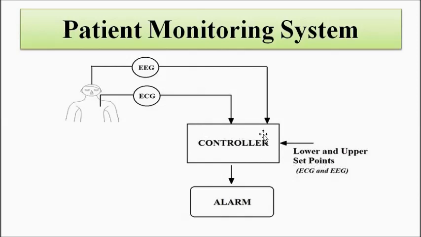So whenever it goes above or below the normal or safe level, the controller triggers the alarm. So this is another example of a process control loop, which is used in real life applications. If we involve the internet here, it will become an IoT project. Okay, that is a different discussion. So this is an example of a process control loop used in a patient monitoring system.